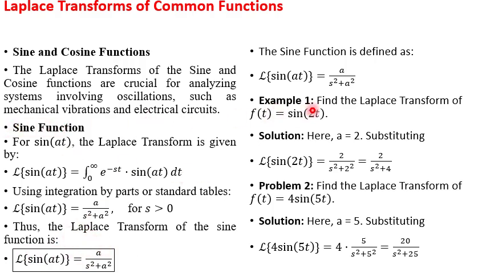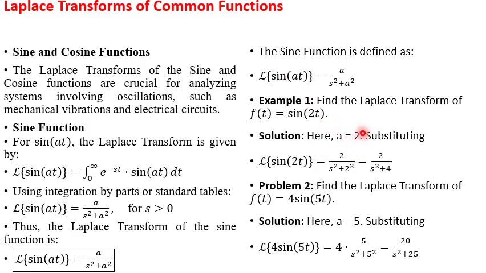For example, find the Laplace transform of a function of time f of t equals sine 2t. This is a sine function, and the Laplace transform of a sine function is given by this solution. Relating this sine function to the general solution shows that a equals 2.